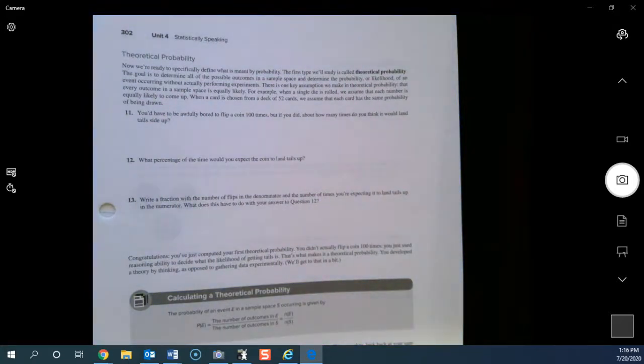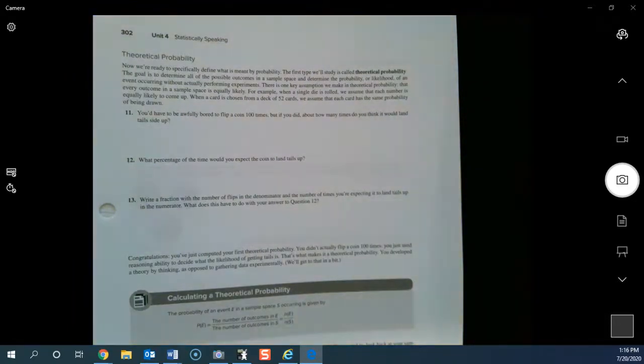There's one key assumption we make in theoretical probability, that every outcome in a sample space is equally likely. For example, when a single die is rolled, we assume that each number is equally likely to come up. When a card is chosen from a deck of 52 cards, we assume that each card has the same probability of being drawn.